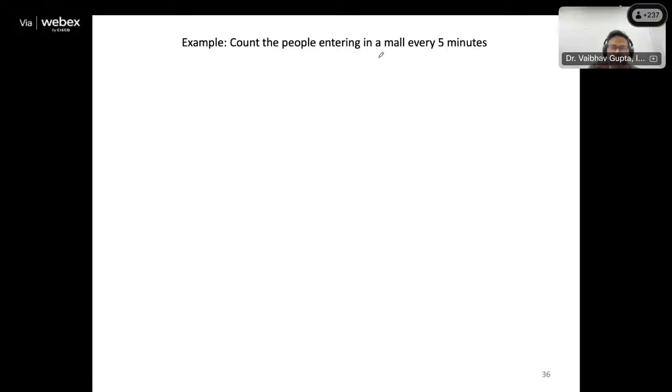So let's say we try to calculate how many people are entering a mall every 5 minutes. We do this exercise. People come in every 5 minutes, and I write down how many people came in within that 5 minutes. Let's say in the first 5 minutes, 10 persons come, then 14, then 9, 12. So I wrote down the values.